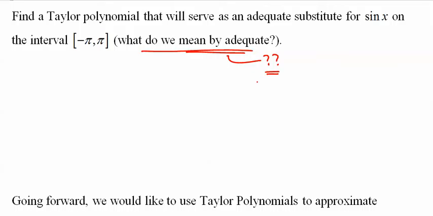So sine of x, according to last unit, is x minus x to the 3rd over 3 factorial plus x to the 5th over 5 factorial, dot, dot, dot.